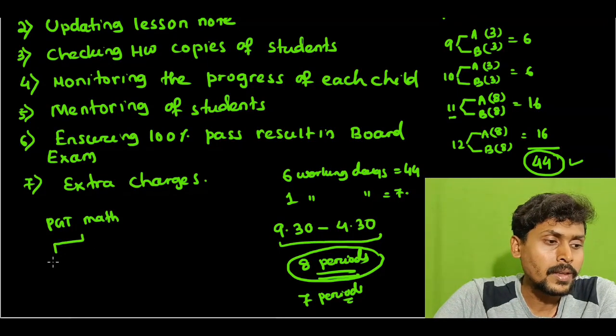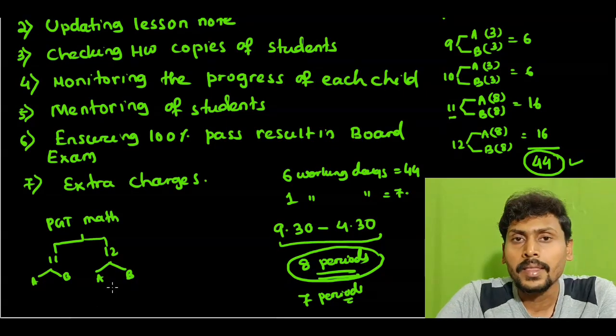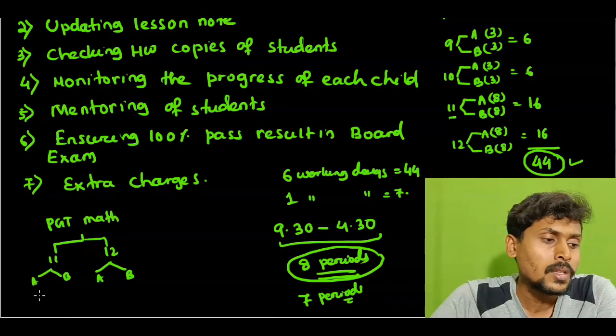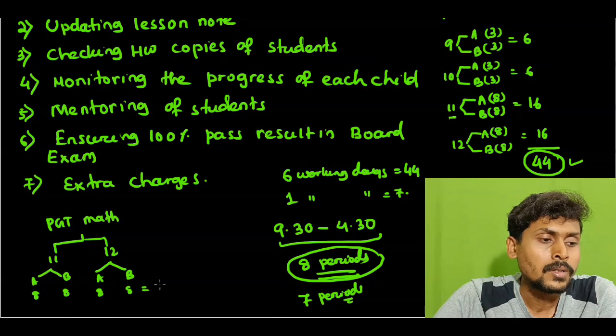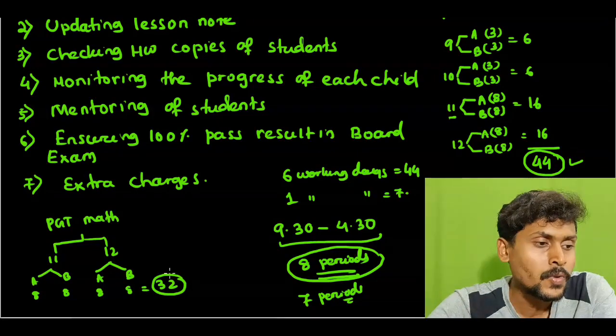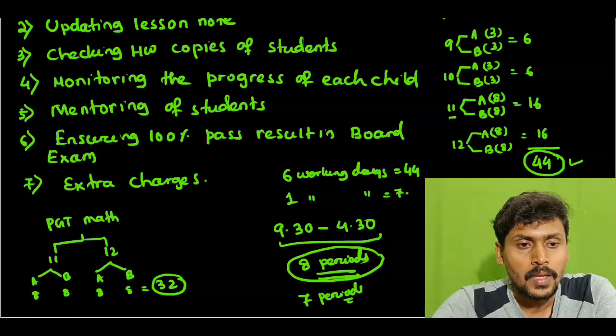In class 11th you have two sections A and B, in class 12 you have two sections A and B, and again you have to take 8 classes per section. 8 plus 8 plus 8 plus 8 is 32, so in total you have to take 32 classes.